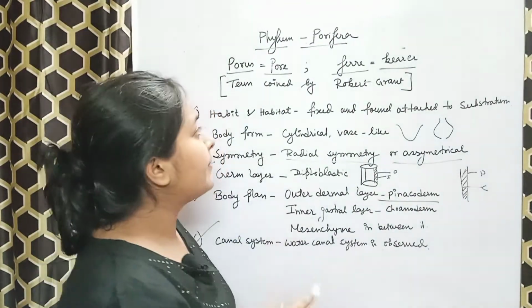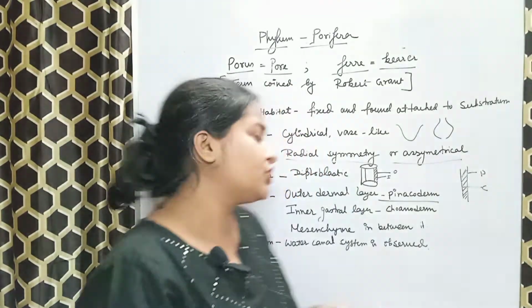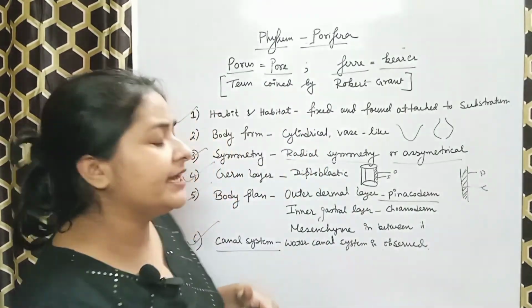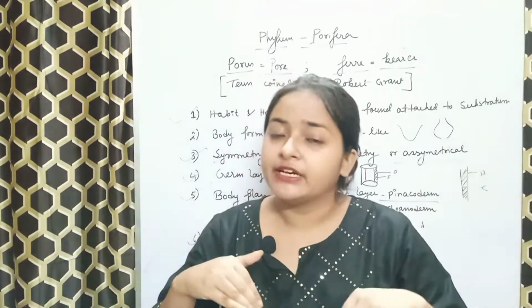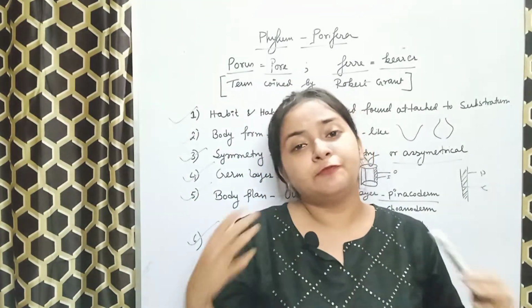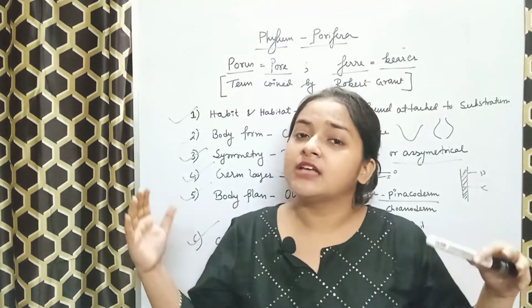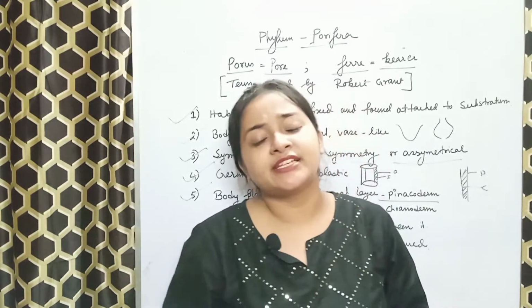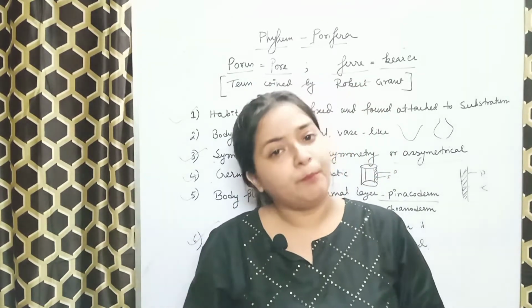Okay, this is all about poriferan characteristics, and Porifera have a salient feature known as the canal system. They have a water canal system, meaning they take water through their porous body, and food is also taken in through these pores with the water current. Their excreta, wasted food and unused water are released through a big pore.